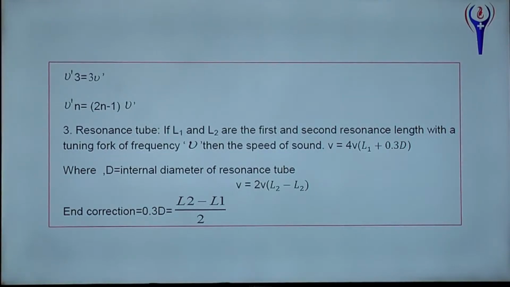The end correction formula is e equal to (L2 minus L1) by 2, where we are using the resonance column apparatus.